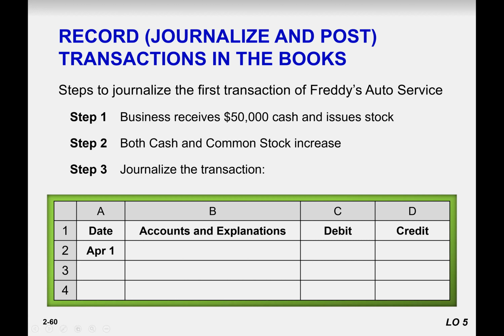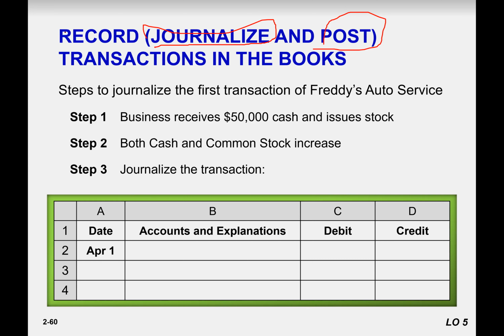Let's talk about how to make a journal entry. Right now we are journalizing, and then we will post it. So do not get confused with the word post here. Right now we are journalizing the transaction, which means we are making a journal entry.